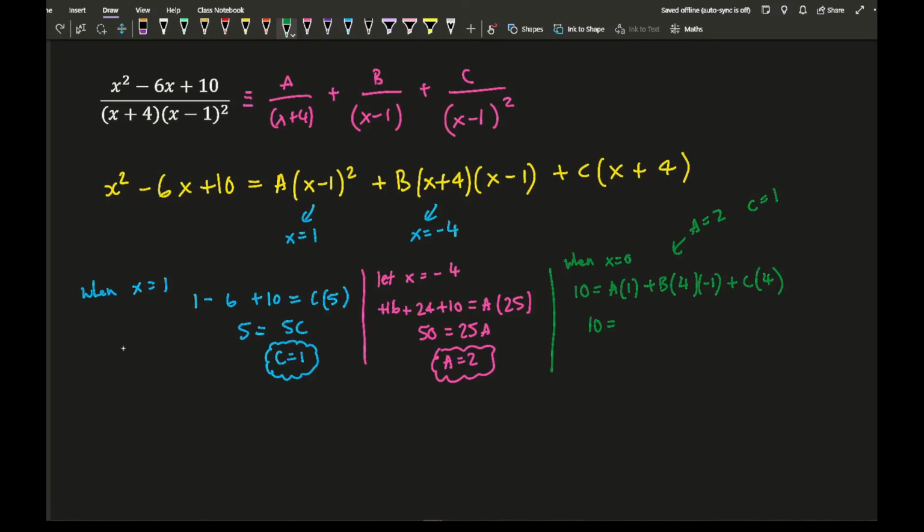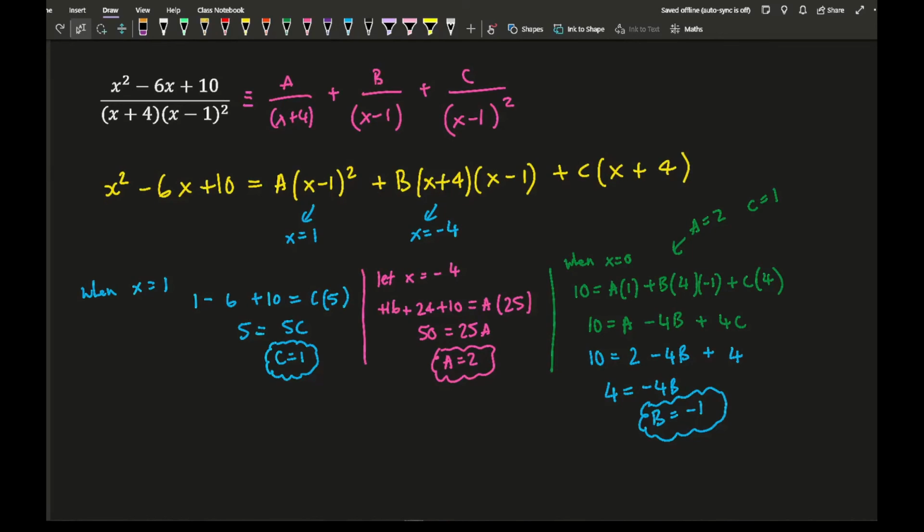So from this, we've got 10, and then substituting this we've got a plus, or should I say minus 4b plus 4c, and then substituting those numbers in, I get 10 equals 2 minus 4b plus 4. Then taking those numbers to the other side, I've got 8, and then take away 4, so I've got 4 equals minus 4b, so b equals minus 1.